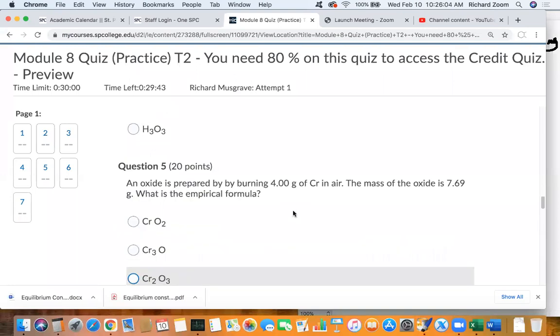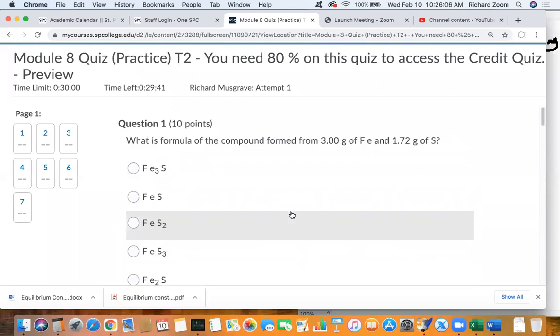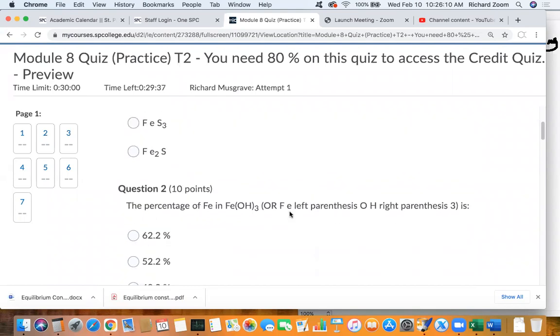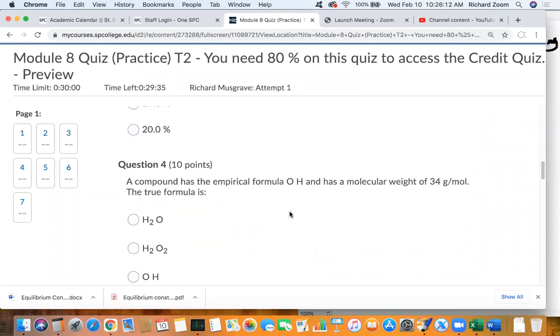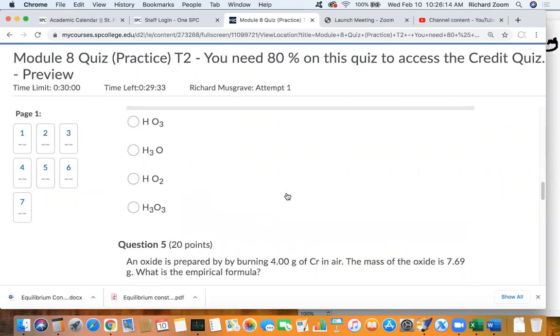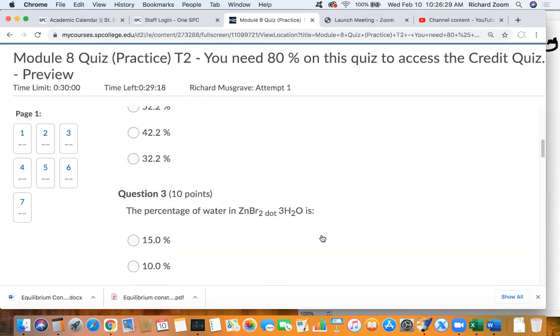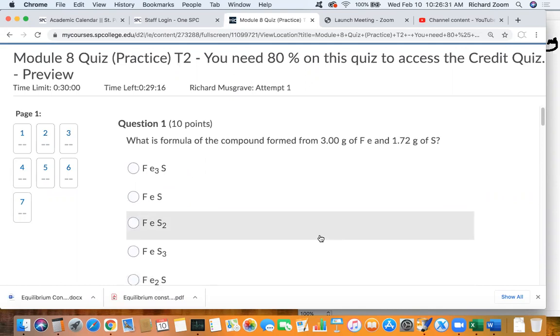But it's not really easy multiple choice because there's going to be lots of choices. Be careful when you get to the oxide problems, like this one here. Make sure that you realize that the mass of the oxide is given and that you're looking to subtract that to get the mass of oxygen first before you do the problem. And the credit quiz is a lot like that as well. Does anybody have any questions?